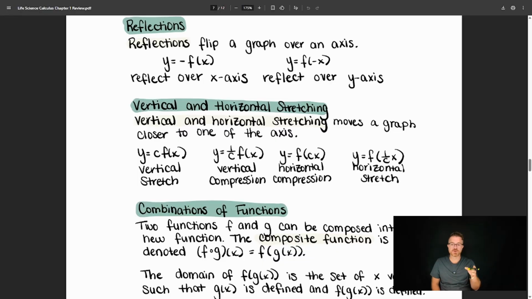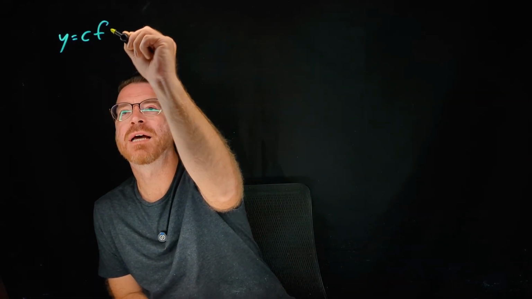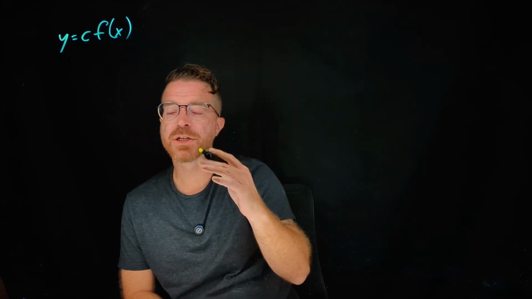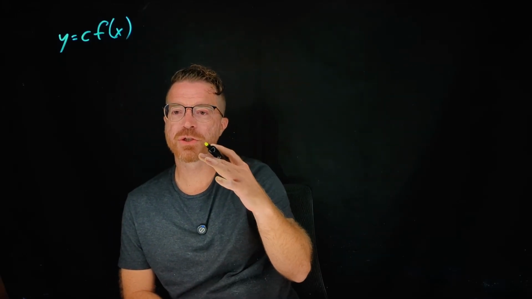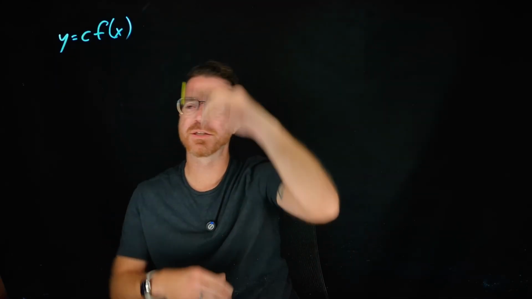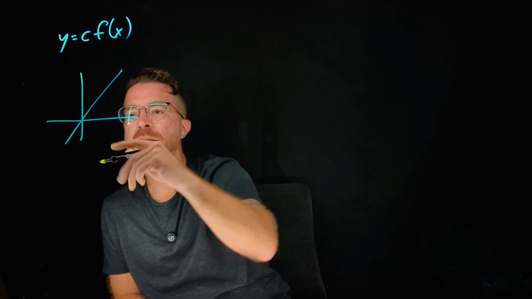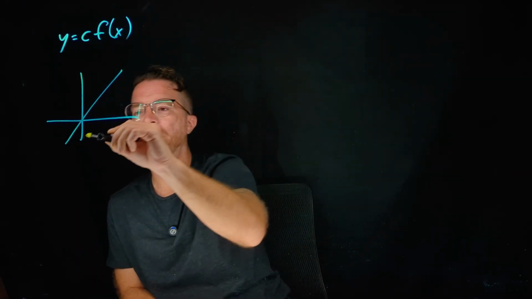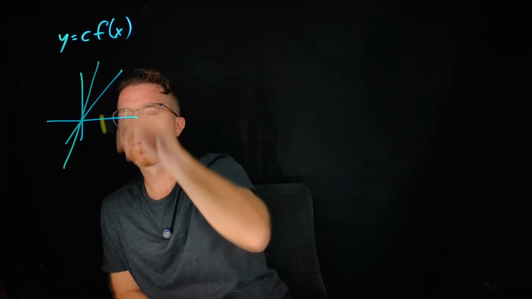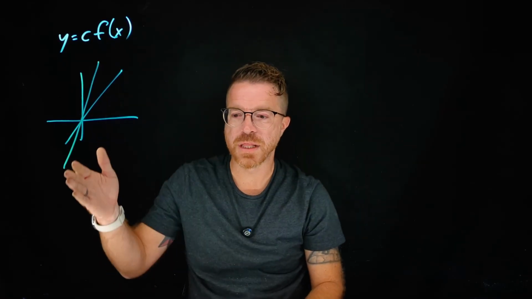Vertical and horizontal stretching will move a graph so that it's closer to one of our axes. So for example, if we have y equals c times f of x, this is going to vertically stretch, meaning it's going to stretch it in this direction. So if our original graph was something like this, it's going to stretch it this way, meaning that it will be closer to our vertical axis.